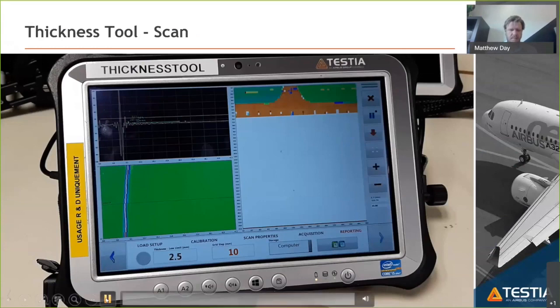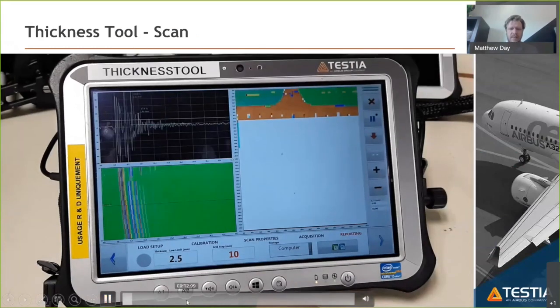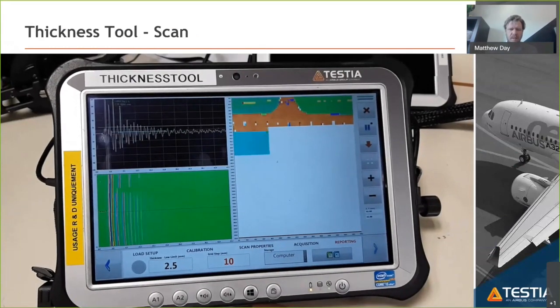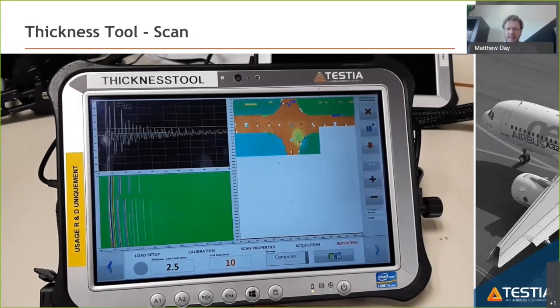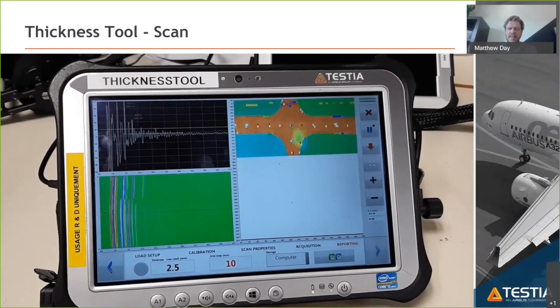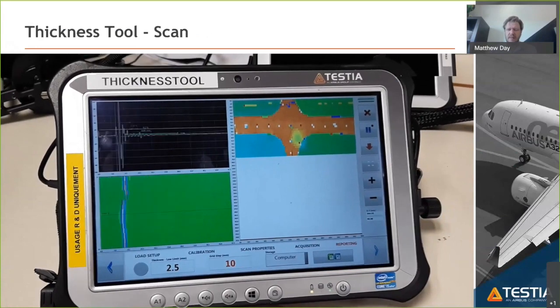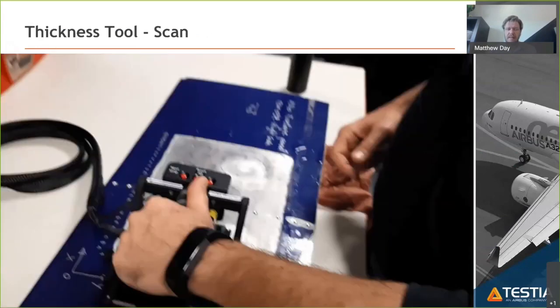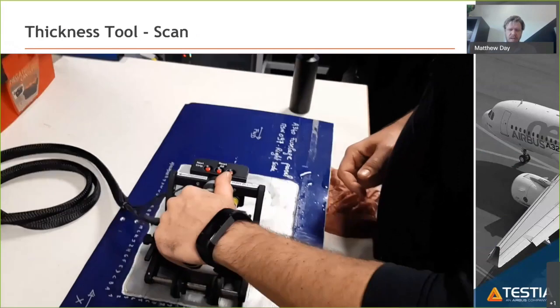Okay. So what we can see now is that my colleague here has completed the setup and he's running through a scanned part that has 3 blended out areas.